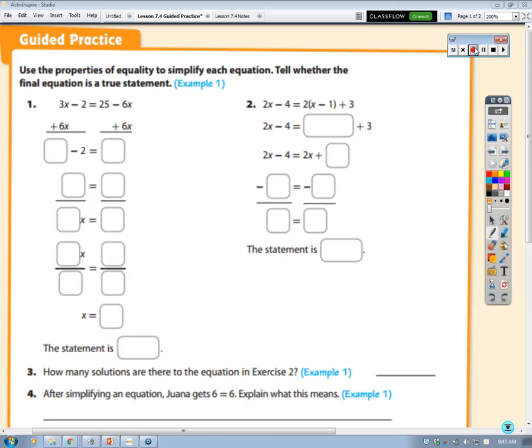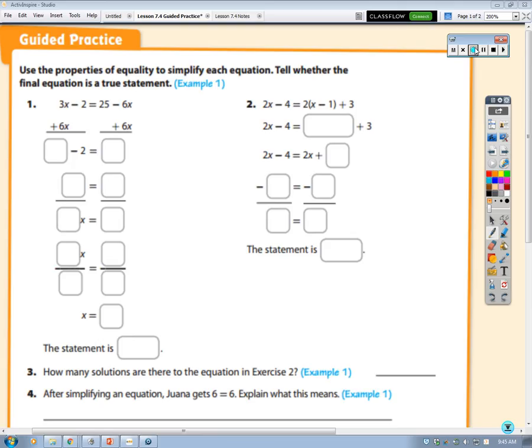Okay, so we are building on lessons 7.1, 7.2, 7.3, into 7.4. What we have done in our previous lessons is we have been solving equations that have variables on both sides. We added rational numbers in, we added the distributive property in, but we were still just solving for x.